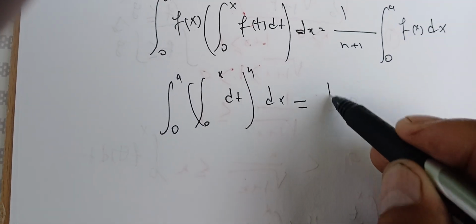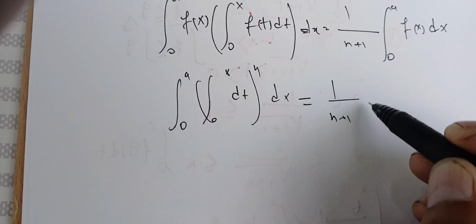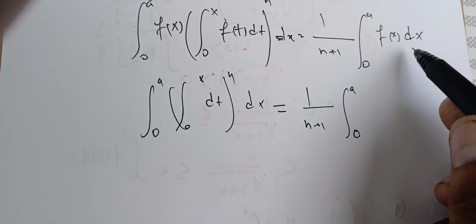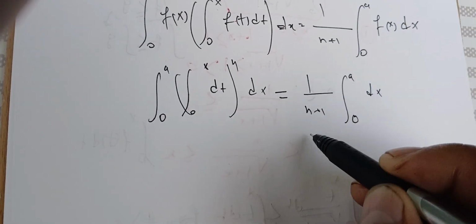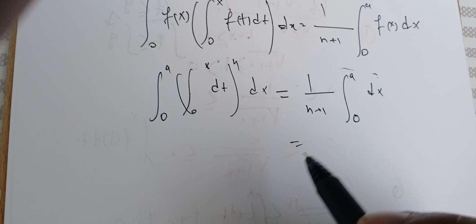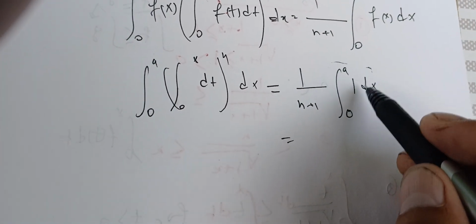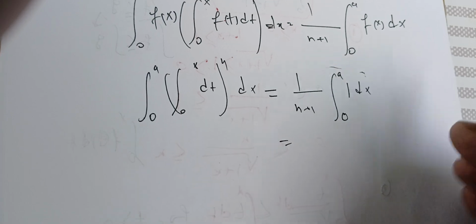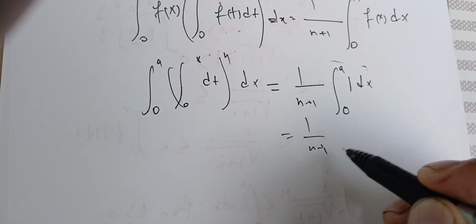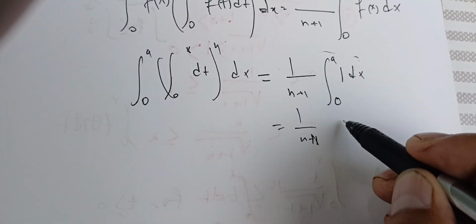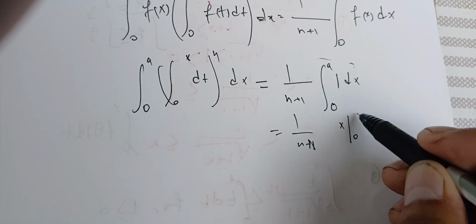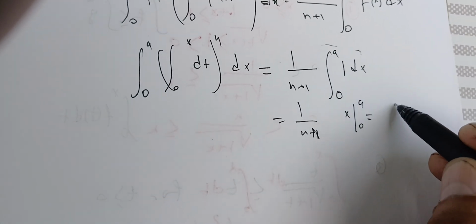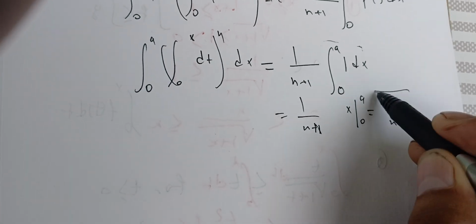And on the right side, I have 1 over n plus 1, the integral between 0 and a of f of x, which is 1, so I have dx. So the right side is the easiest one. Here I'm integrating 1 between 0 and a, and therefore I have 1 over n plus 1, and my primitive in this case is x between 0 and a, and therefore when I evaluate, I'm going to have a over n plus 1.